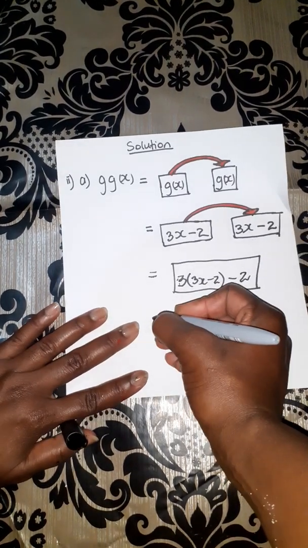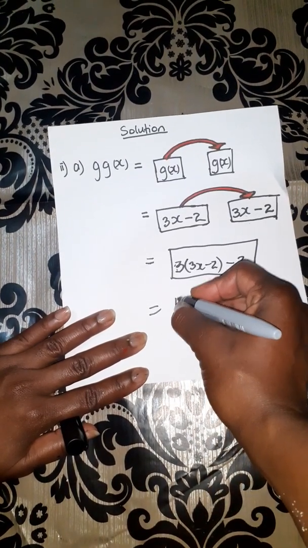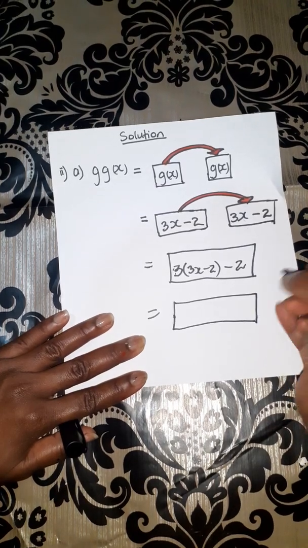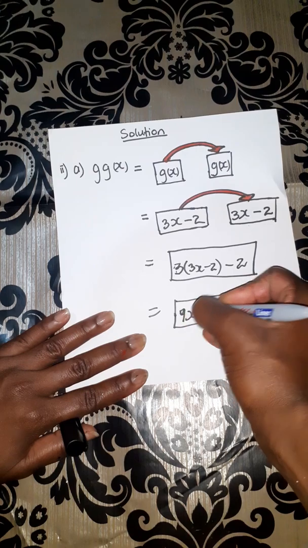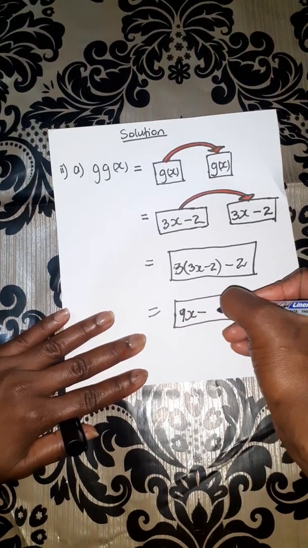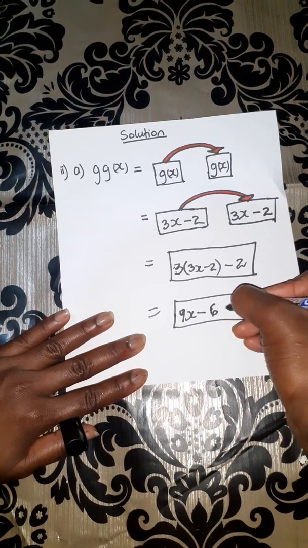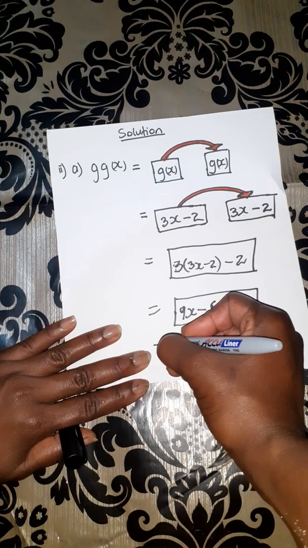close bracket, minus 2. And we can simplify that expression a little bit more. 3 times 3x gives us 9x. 3 times negative 2 gives us negative 6, and this minus 2 remains here.